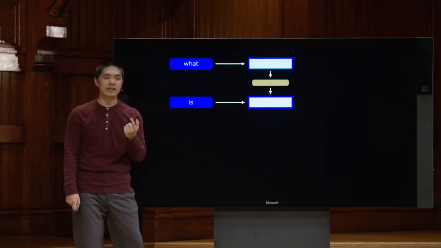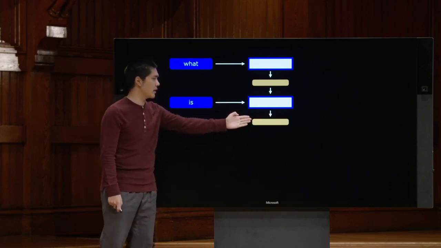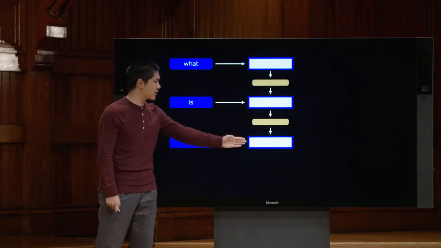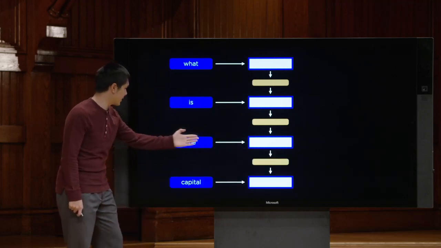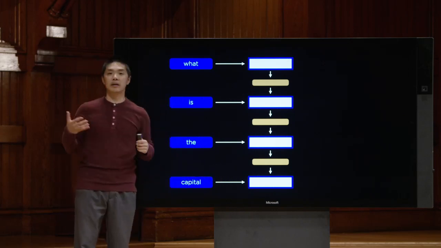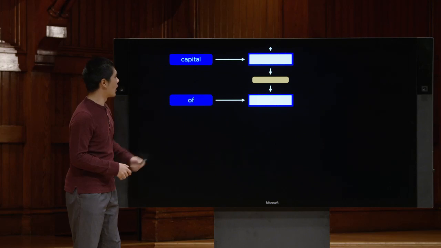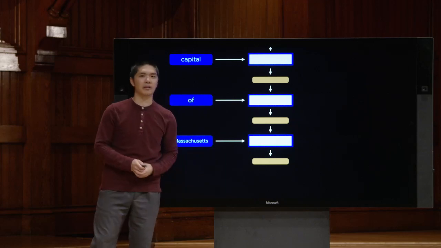And that's going to continue for the other words in the input. This is going to produce a new hidden state. And so then when we get to the third word, the, that goes into the encoder. It also gets access to the hidden state. And then it produces a new hidden state that gets passed into the next run when we use the word capital. And the same thing is going to repeat for the other words that appear in the input. So of Massachusetts, that produces one final piece of hidden state.